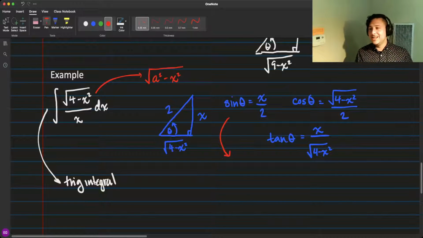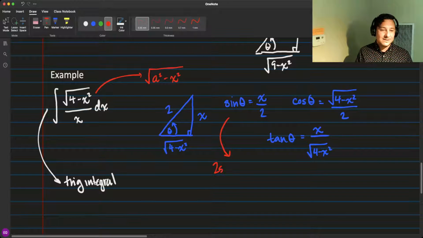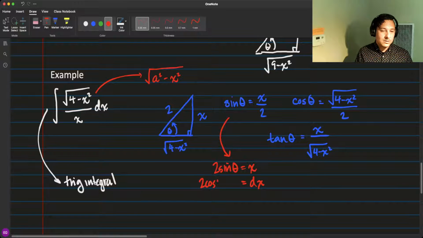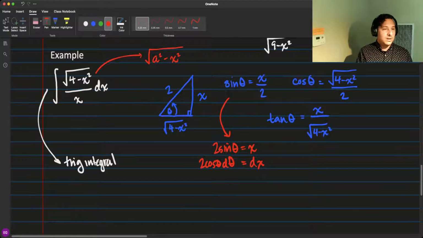So I'm going to look at this, sine theta equals x over 2, and I'm going to realize, what is x equal to? 2 sine theta, which means my dx is equal to 2 cosine theta d theta. And I make those appropriate changes.